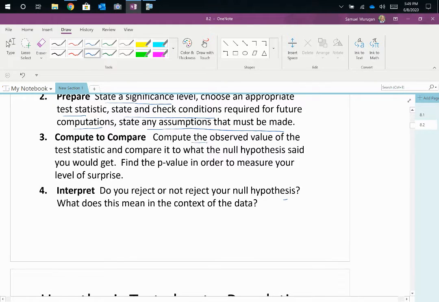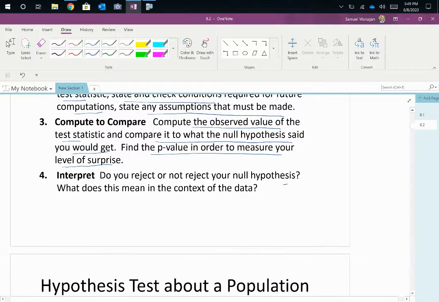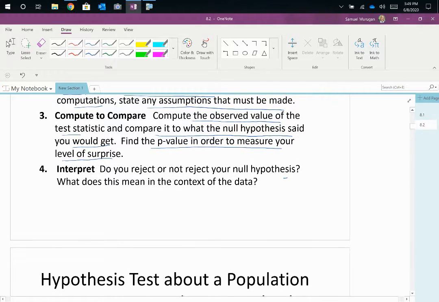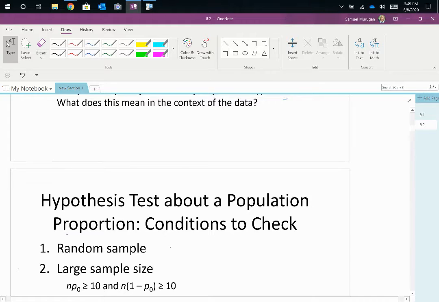Compute the observed value of the test statistic and compare it with what the null hypothesis said you would get. Find the p-value in order to measure your level of surprise. And finally, interpret. Decide whether to reject or do not reject the null hypothesis.